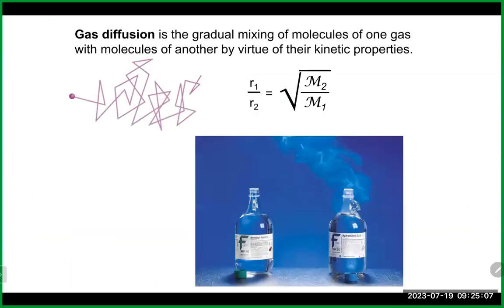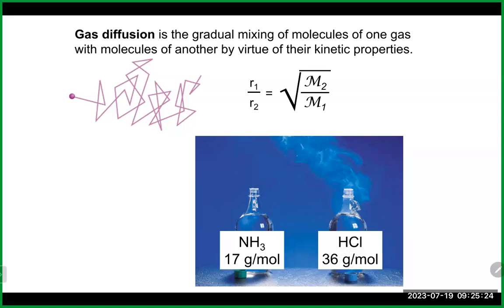Another aspect of gases is gas diffusion, and that's the gradual mixing of one gas with another gas by virtue of their kinetic properties. So I think we've got a bottle here of NH3 and a bottle of hydrogen chloride, or hydrochloric acid.